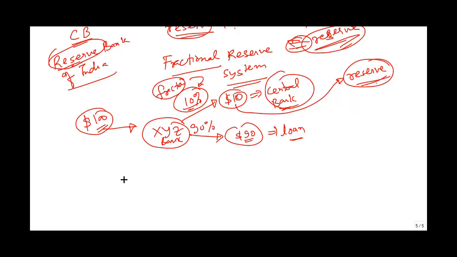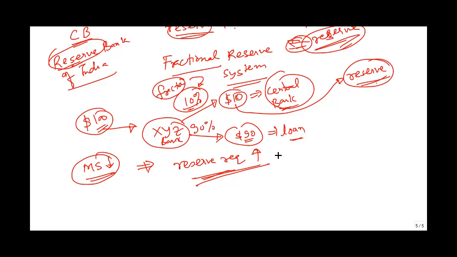Now think about why this is a policy tool. Suppose the central bank wants to decrease the money supply in the economy. It will say that it will increase the reserve requirement, and that instead of 10%, it wants 15% as the reserve. Now think of the same XYZ bank.